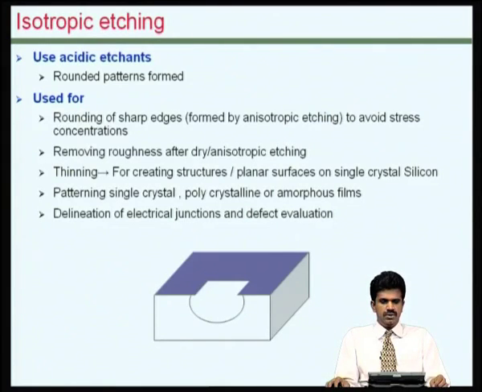It is useful when one would want to thin the substrate beforehand. It is useful even in patterning amorphous films or even polycrystalline silicon films. There are several instances in which isotropic etching is really required and useful.